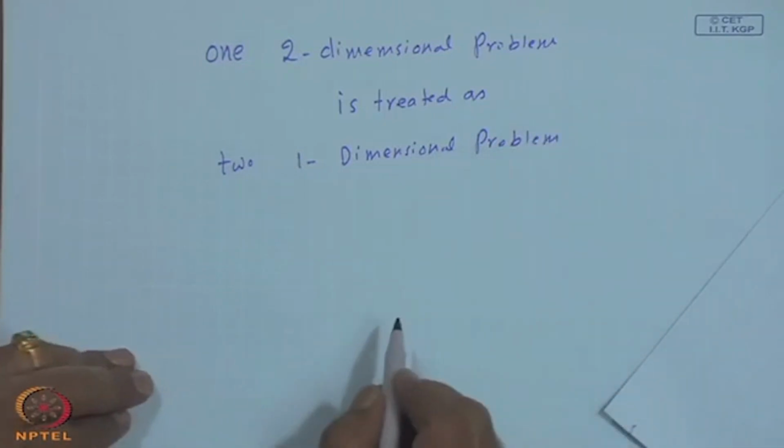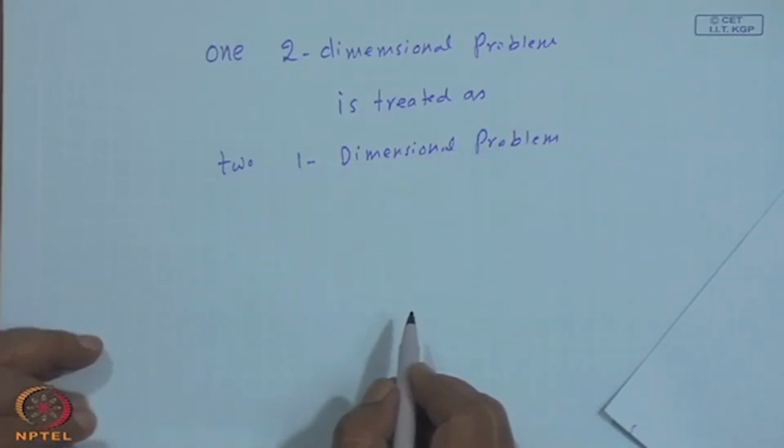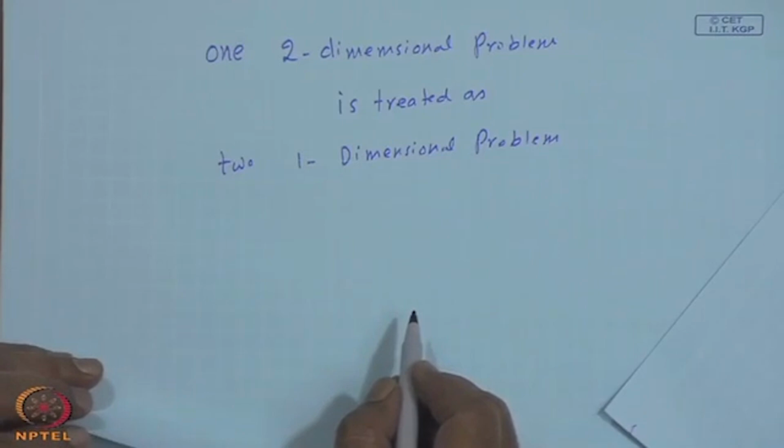The consequence is that we have two ordinary differential equations, one in the direction of x and the other in the direction of y, and they can be solved independently.